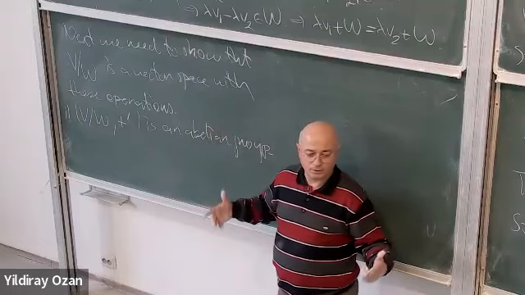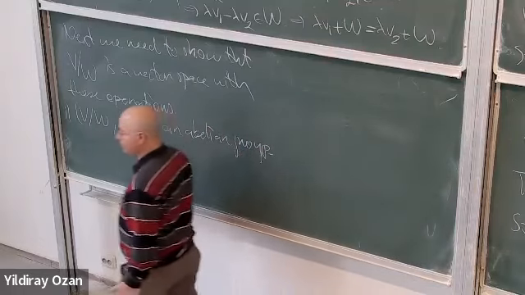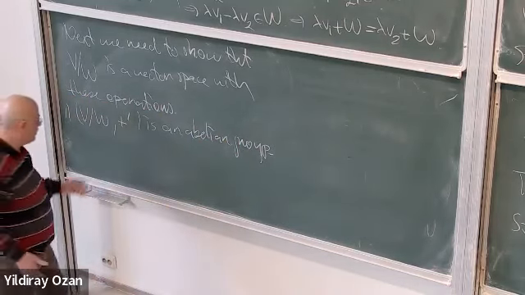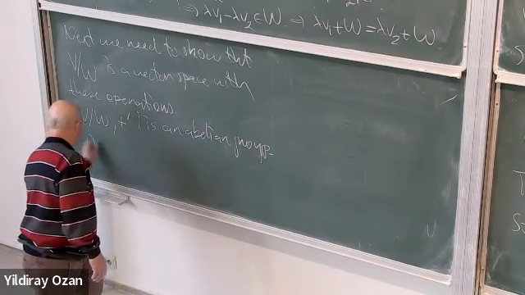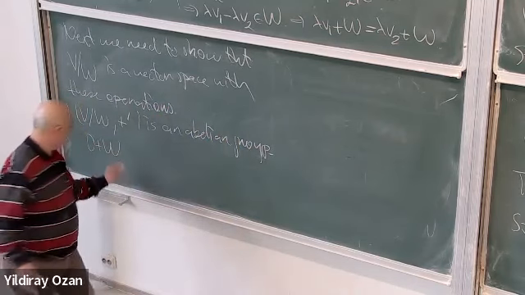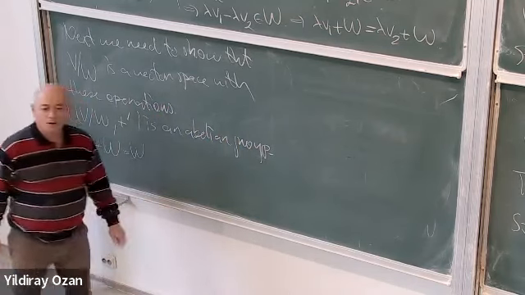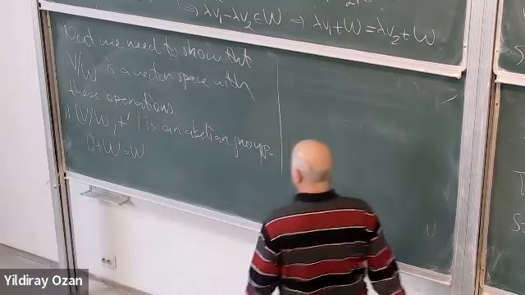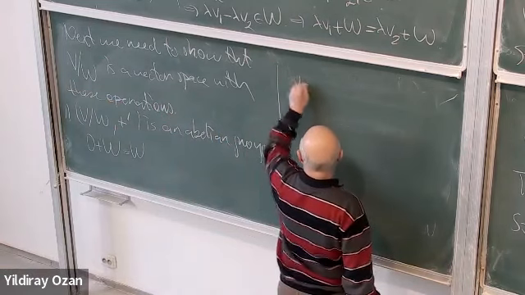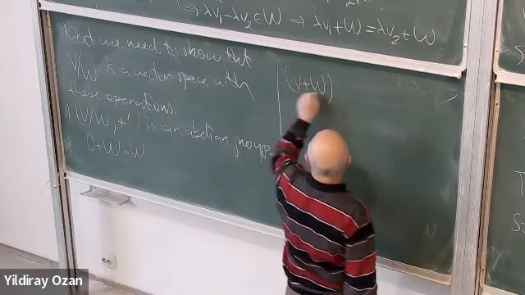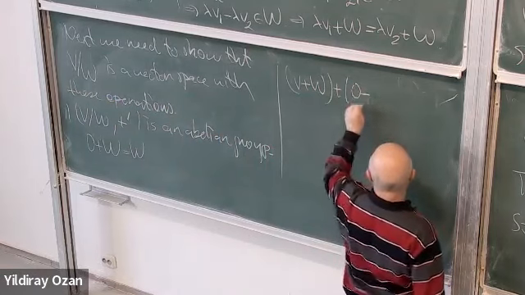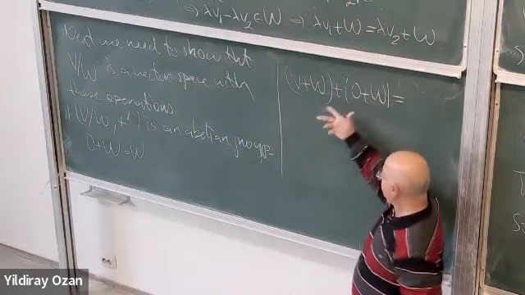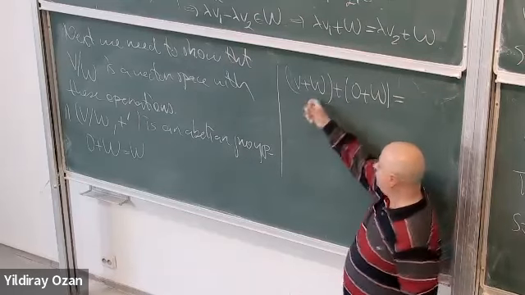It should have a zero element. What is the zero element here? It is the element represented by the zero vector. So zero element should be just 0 plus W. Well, it is just W. Is it the zero element really? Let's see. So for that to be zero element, whenever I add to this, I should get this element. But how do we define our addition?